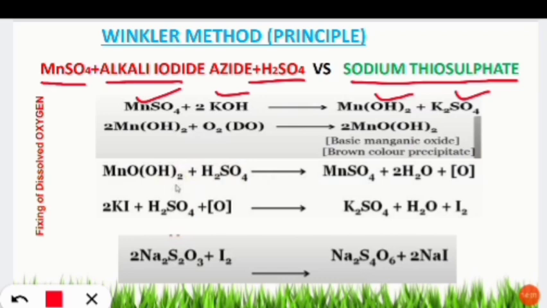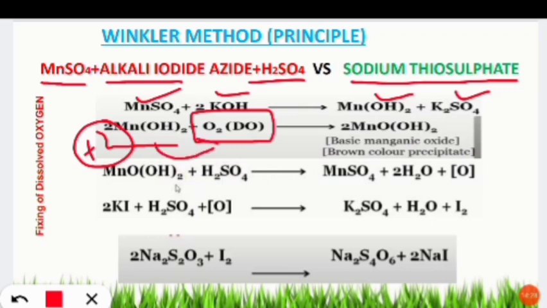Then this Mn(OH)2. What is this Mn(OH)2? It has manganese with the oxidation state of 2. But it reacts with the dissolved oxygen present in the water, which is the thing we want to test, how much oxygen is present. So this Mn(OH)2 reacts with the total dissolved oxygen present inside the water sample and forms MnO(OH)2, that is basic manganic oxide.